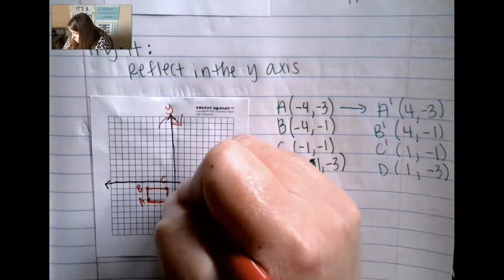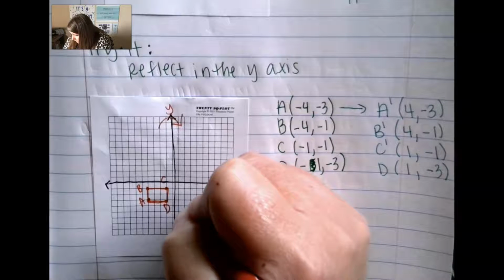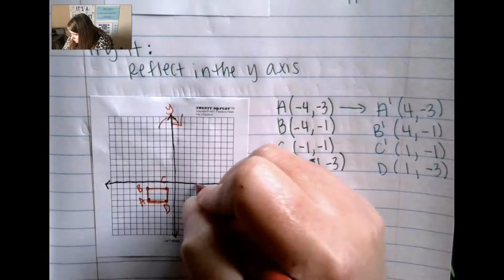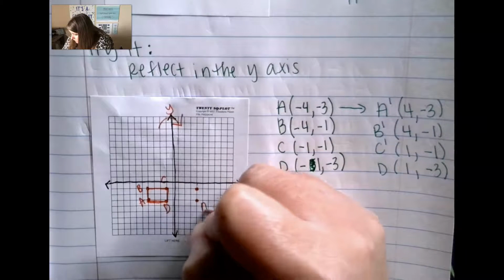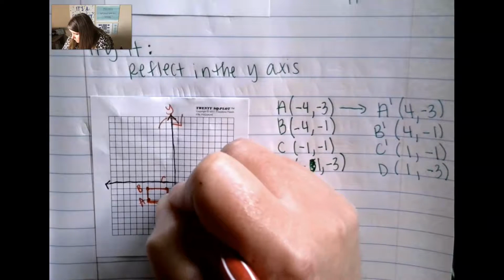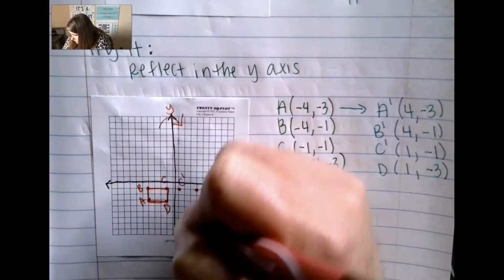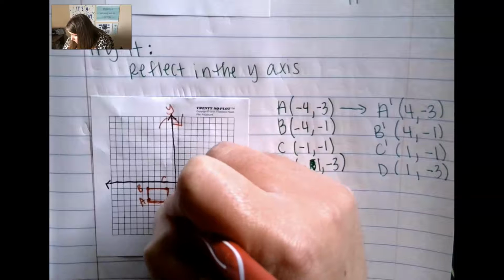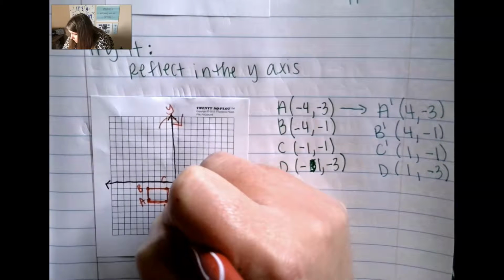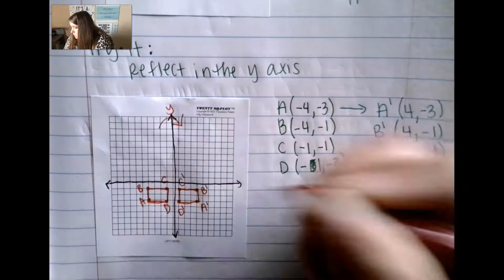So over 1, 2, 3, and 4, down -3. 4, -1, so over 4, down -1, so this is A1, B1. 1, 1 is going to be C1, and -1, -3, there we go, D1, boom, rectangle.